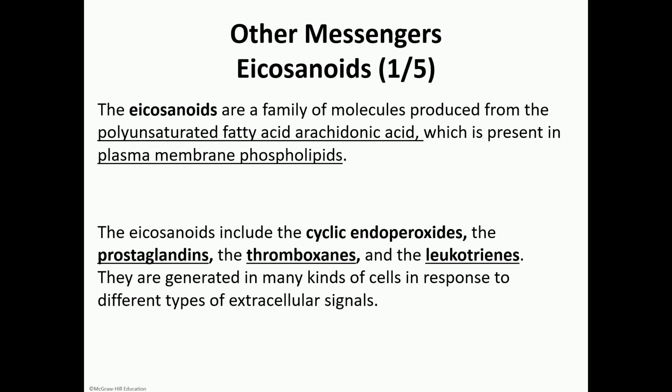Now we'll talk about other messengers in the body. This group of messengers are collectively known as eicosanoids, and they are formed from a phospholipid found inside of the cell membrane known as arachidonic acid. So we usually have phospholipids within the cell membrane, and we discussed that when we were talking about the structure of a cell membrane.